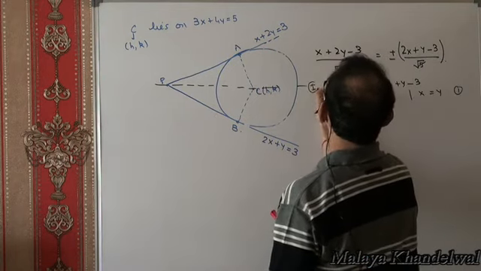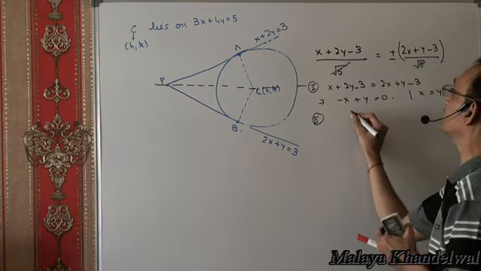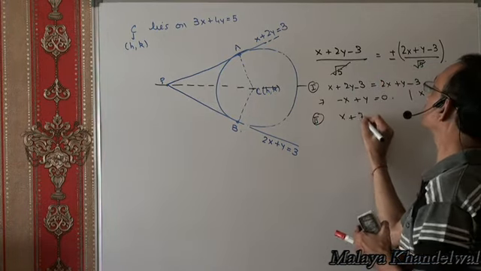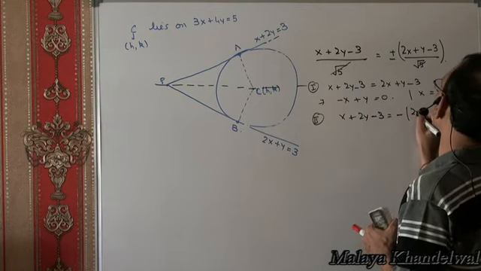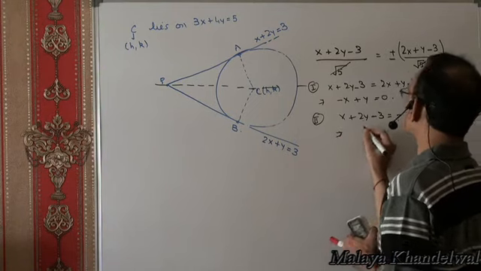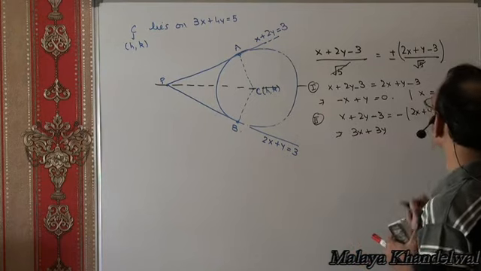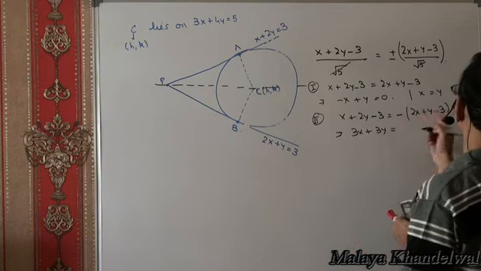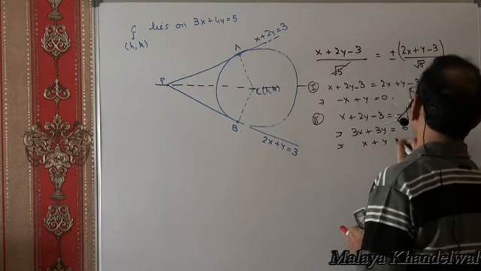Or the other possibility is, if I take the minus sign, then I get x plus 2y minus 3 equal to minus of 2x plus y minus 3. Or that gives me 3x plus 3y equal to 3 plus 3, 6, or x plus y equal to 2.